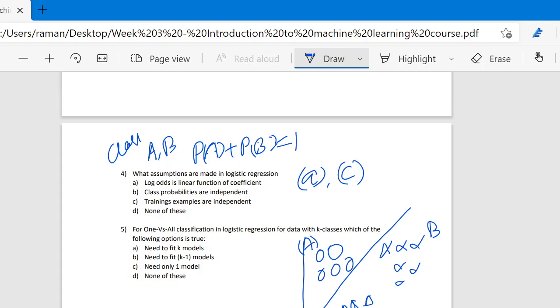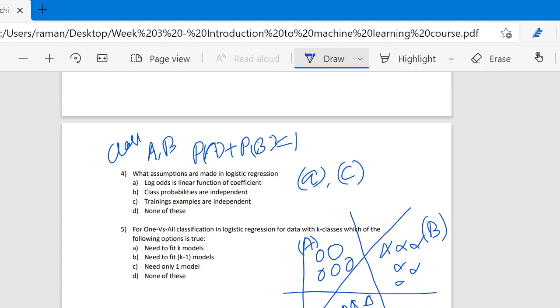This boundary is separating class A from all other classes. For class B, the decision boundary would be like this, which will be separating class B from all other classes. And for class C, the boundary should be like this.